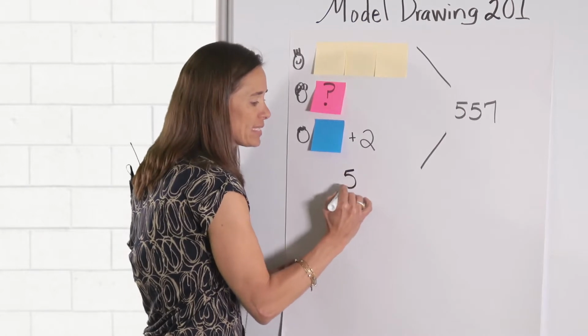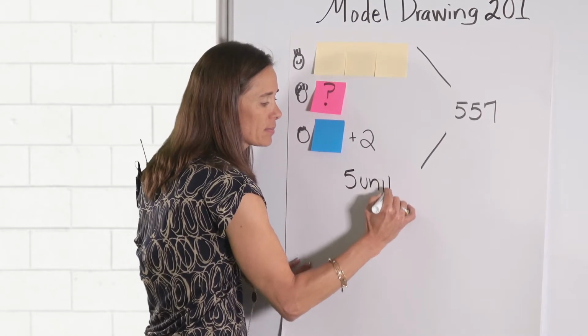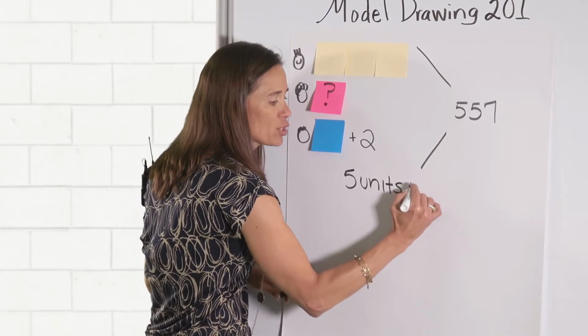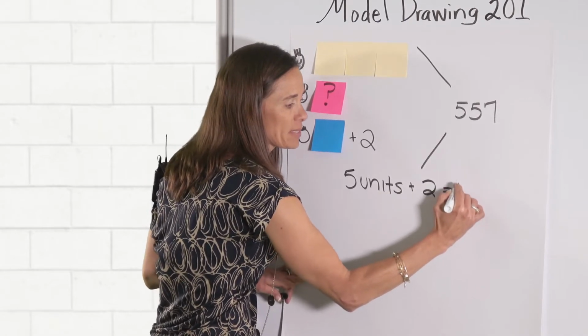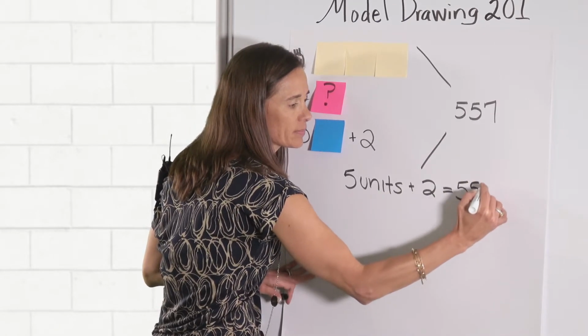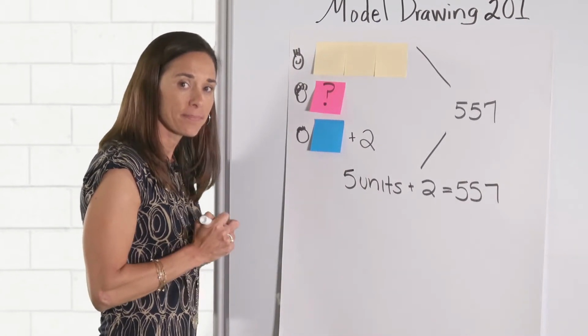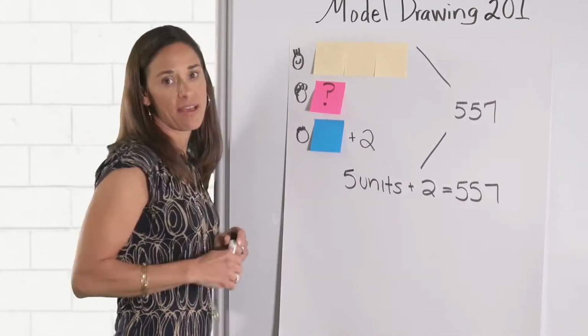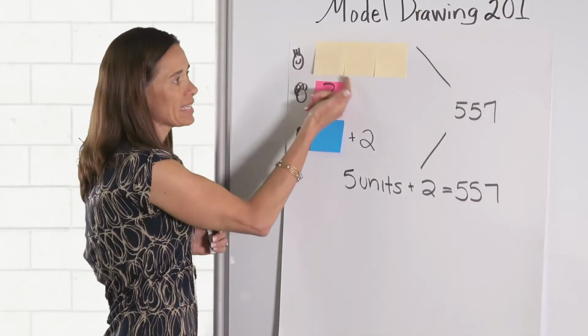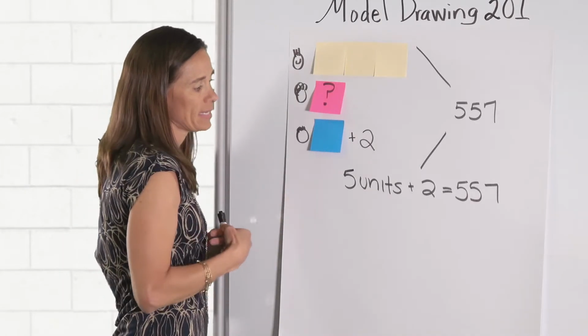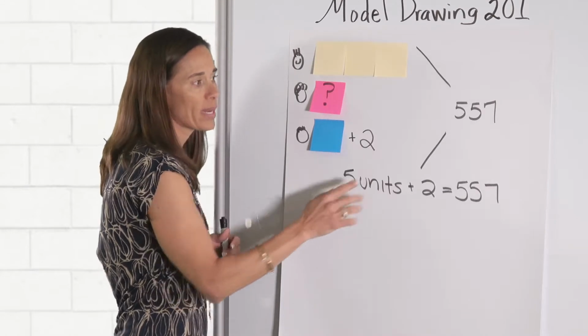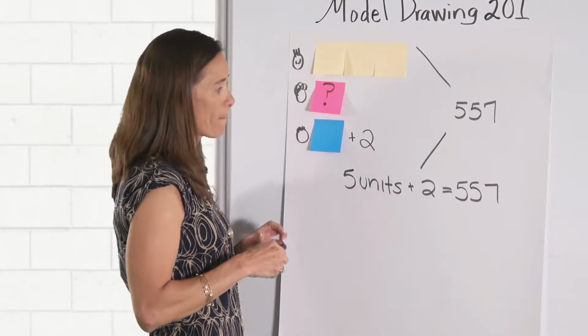Why might a student say that 5 units plus 2 more would be the same as 557? Do you see where the 5 units are coming from? In algebra, we call that 5x. So we can see these 5 unknown pieces and 2 more would give us our total or our whole.